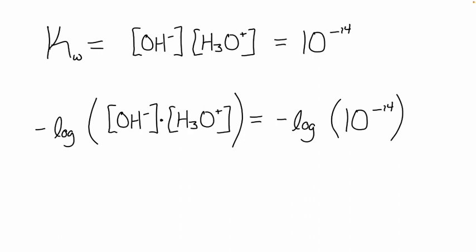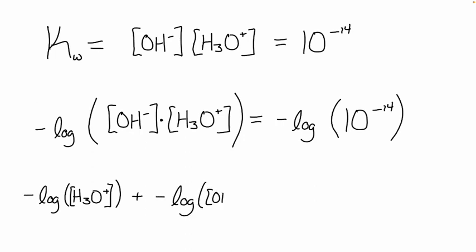It turns out that the negative log of these two multiplied together is equal to the negative log of each one added together. Again, log algebra is kind of weird. You might remember going over this. You're just going to trust me, okay?